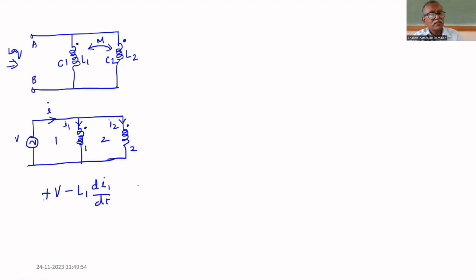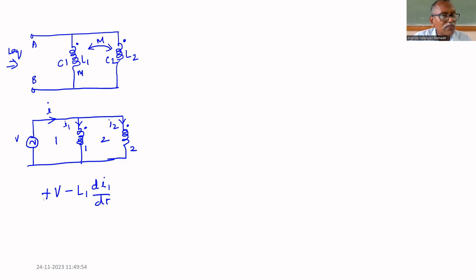Why minus? Because there is a fall in potential. Another potential is here, because of the flux produced by the second coil due to I2. That effect is because of M. Here also M is there, L1 and M.